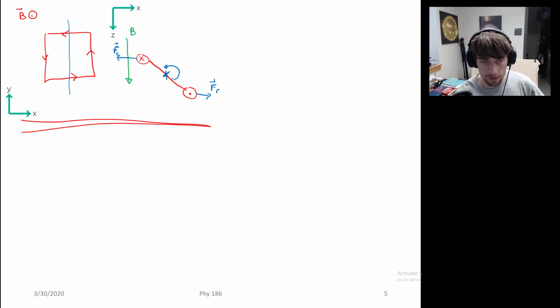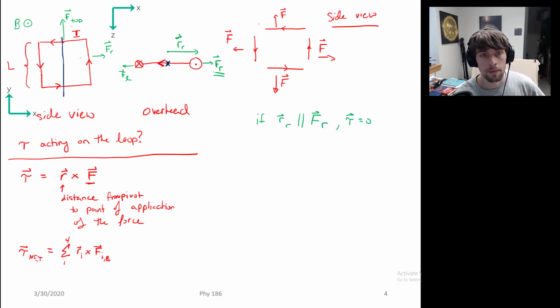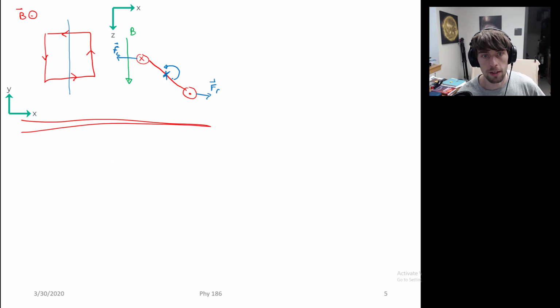So notice the difference. Previously, I should have drawn that in. For this case, the magnetic field is going this way, B. In this case, because the loop is angled a little bit, there's going to be a net torque.